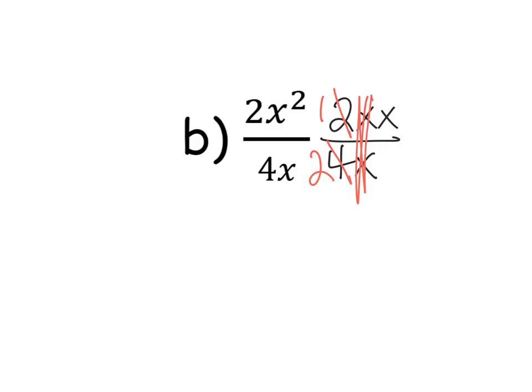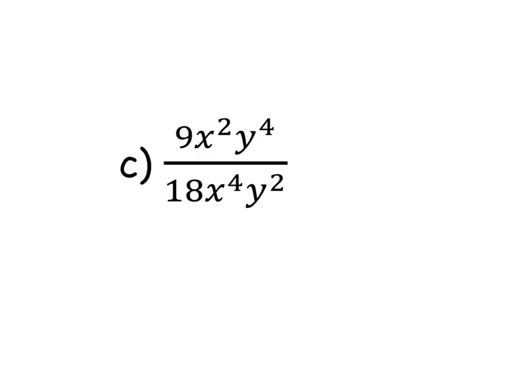Okay. What's left on top? A 1 and an x. What's left on bottom? 2. I don't need to put the 1 there. I could just put x over 2. That's fine. Questions so far?